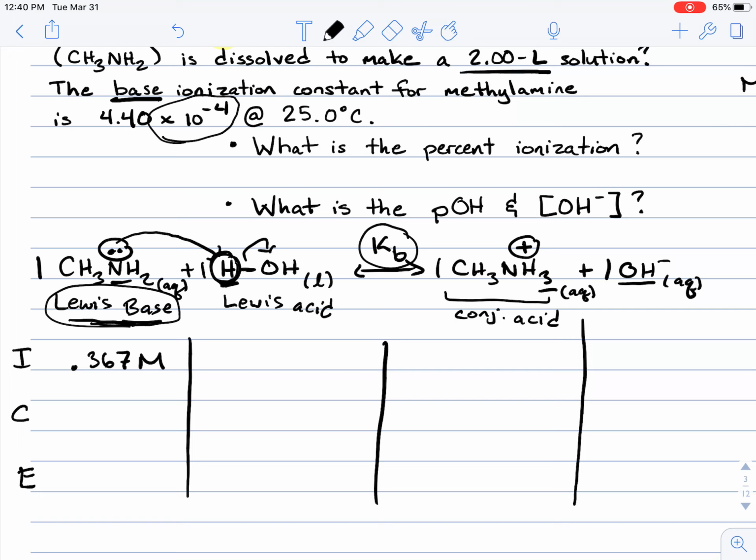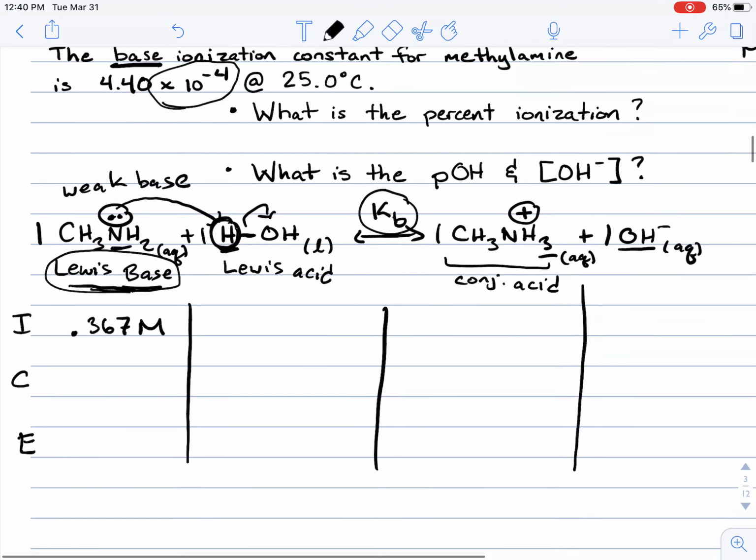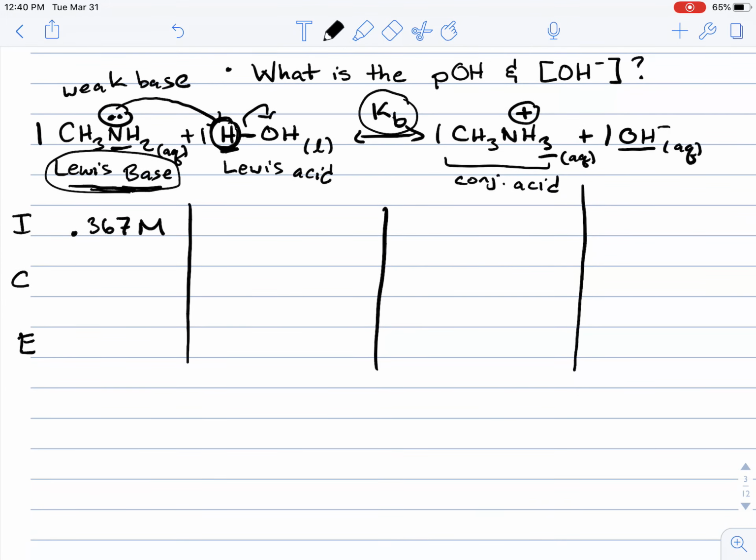So this is telling us that methylamine is a weak base. And if we have a weak base, then the change is going to be represented by minus x, minus 1x, because the coefficient is 1.